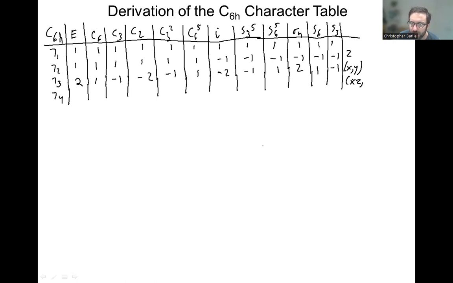The function xz is going to transform together with yz. And xz is just x times z, and yz is just y times z. So you know that they're going to transform together because x and y transform together. And it's going to be very simple to figure this out. You're just going to have to multiply these components. In other videos for other character table derivations, I've explicitly shown how this transforms.